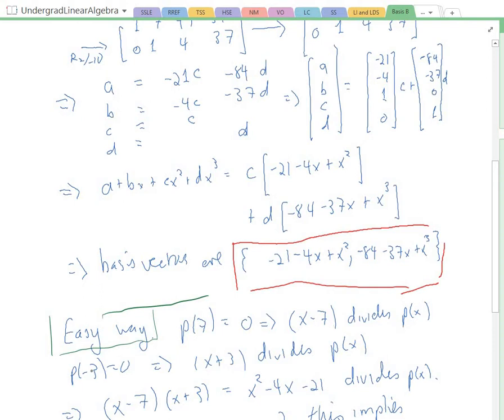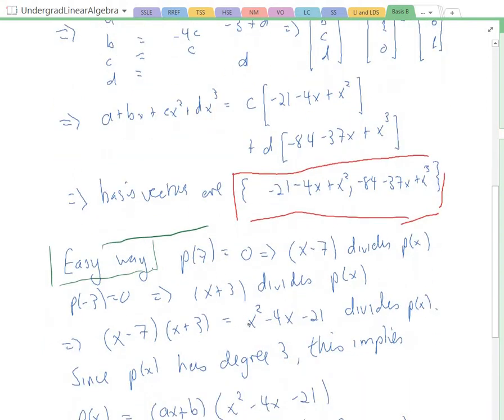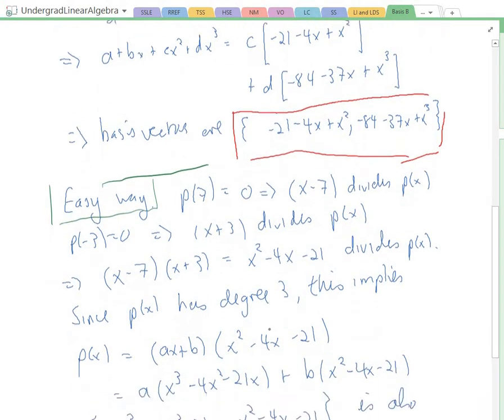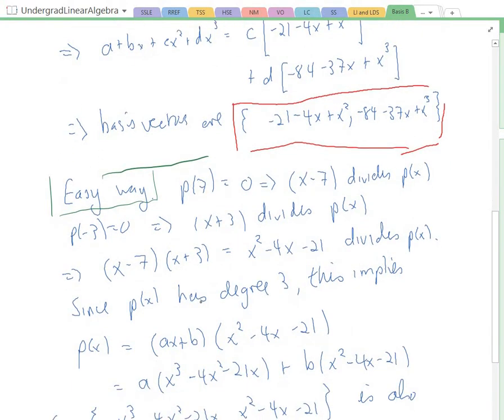All right, now we similarly have p of minus 3 equals 0. Same reasoning, and that tells me that x plus 3 divides p of x. All right, so in fact, x minus 7 times x plus 3 must divide p of x. Since p of x has degree 3, then the only thing that can be left over is a linear term. So p of x must be some linear polynomial times x minus 7 times x plus 3.